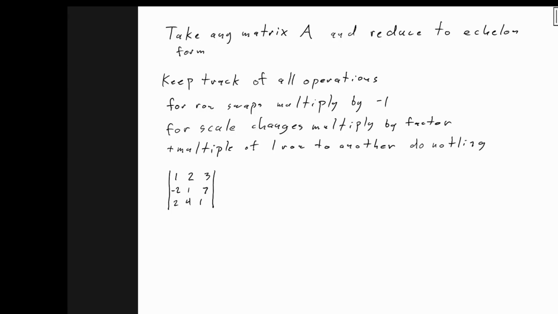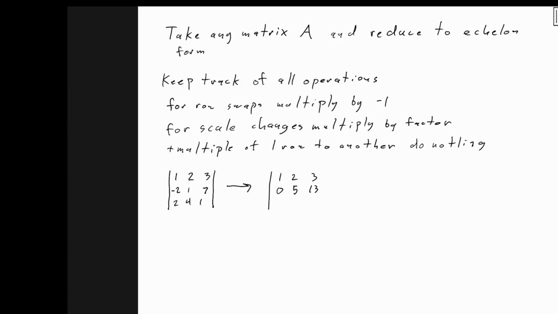So to do that, I'm going to add 2 times row 1 to the second row. When I add 2 times row 1 to the second row, I get 0, 4 plus 1 is 5, 6 plus 7 is 13.